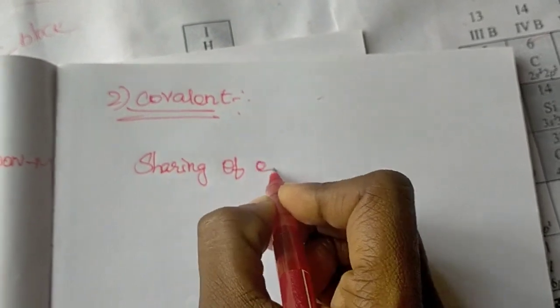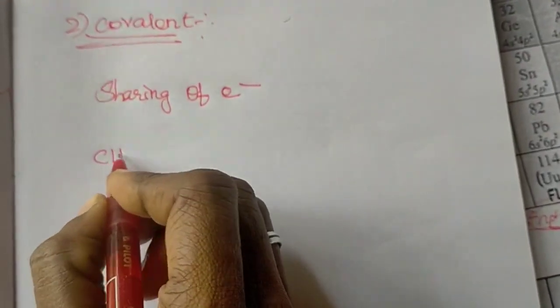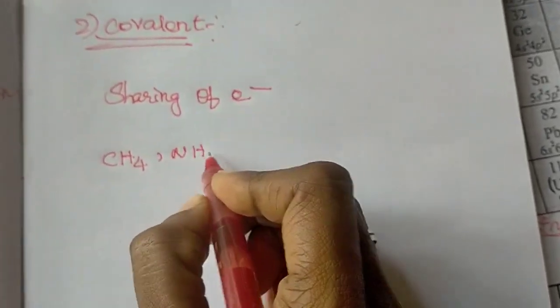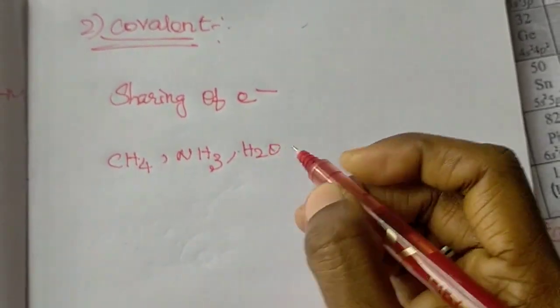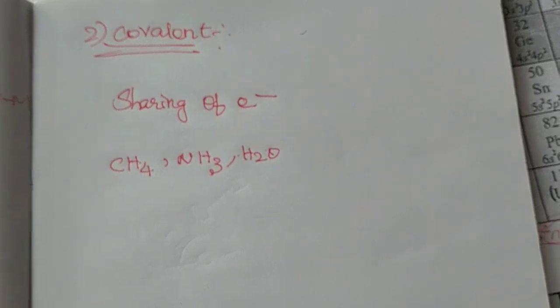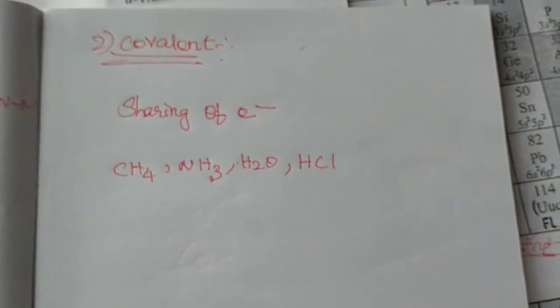Common examples of covalent hydrides of non-metals are methane, ammonia, water, and hydrogen chloride, that means hydrochloric acid.